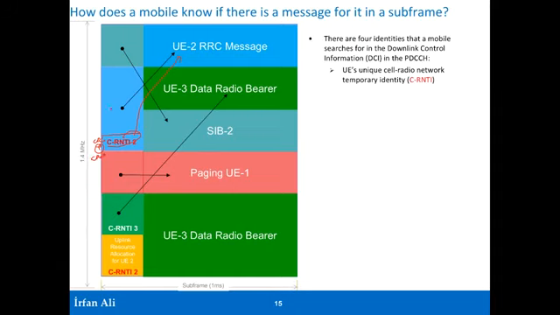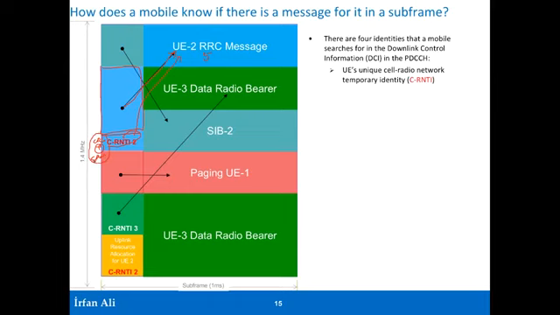So the mobile looks at this and figures out that the pointer is saying the information is in resource block number 5, but it figures out whether the message is for it by descrambling the CRC with its own identity.